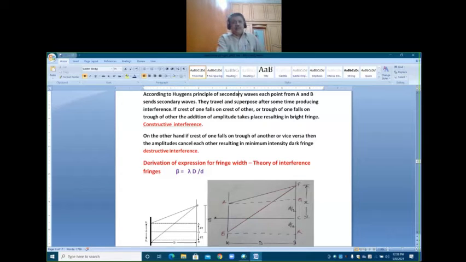They travel and superpose after some time, producing interference. If the crest of one falls on the crest of the other, or trough on trough, there is addition of amplitude resulting in a bright fringe, that is constructive interference. On the other hand, if a crest of one falls on the trough of the other, they cancel each other.